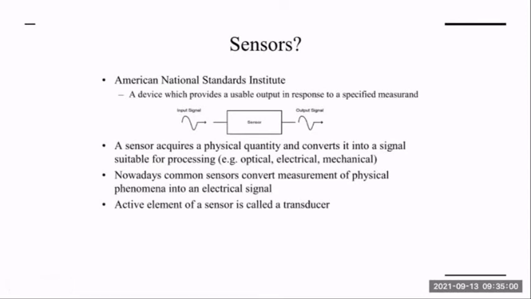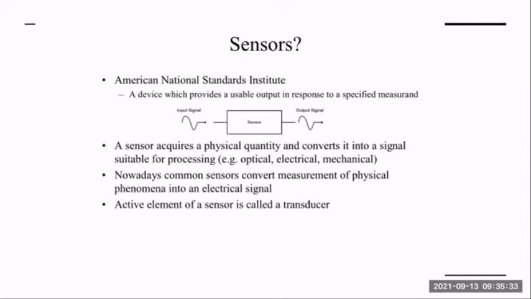The output signal is whatever icon or function that you are trying to execute on your smartphone. Another example is a microphone. A microphone is a sensor. The input signal is our voice. The output signal is an electrical signal that will be processed by the amplifier, and then you can hear it through the speaker. So that's an example of a sensor.